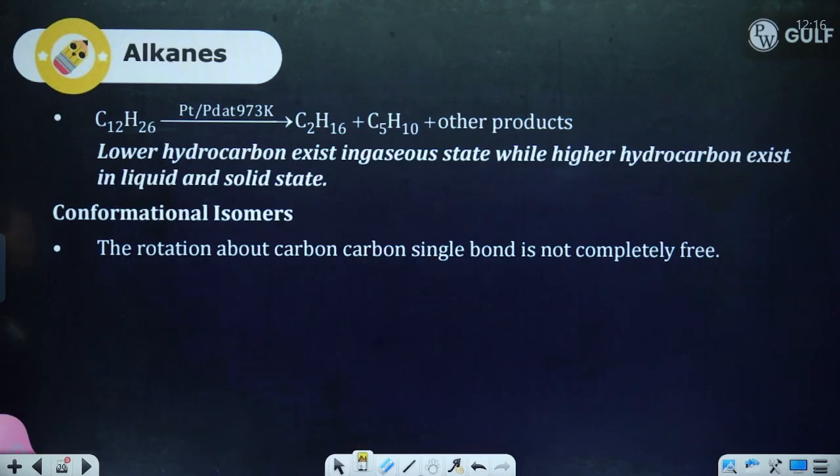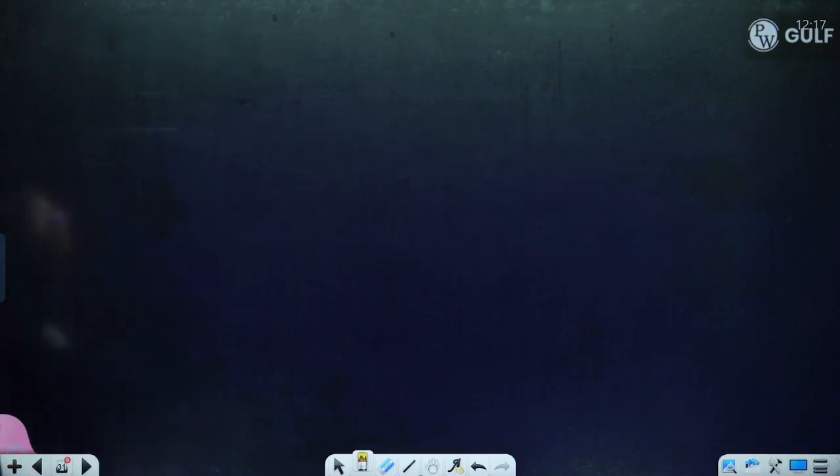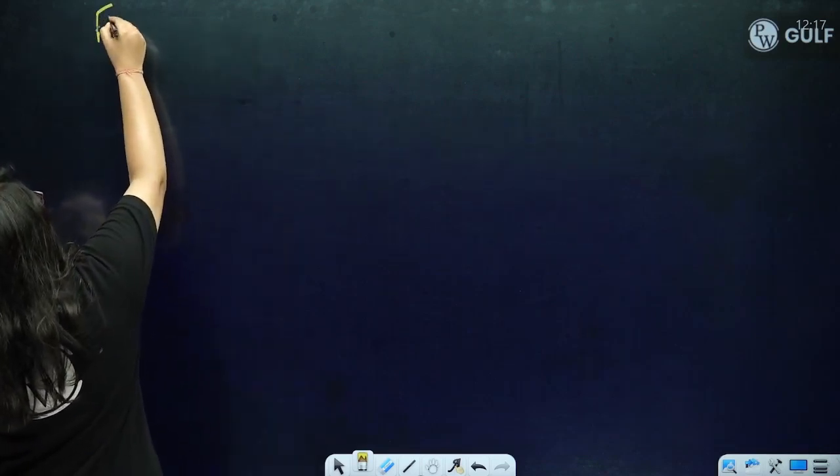Now, as you can see over here, lower hydrocarbons exist in gaseous state while higher hydrocarbons exist in liquid and solid state. Now, before we move towards conformational isomerism, I want to let you know about free radical substitution reaction.